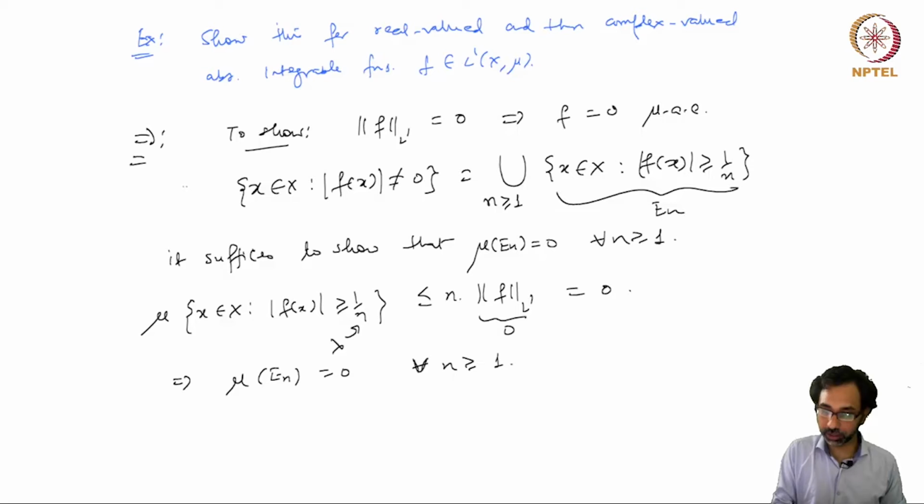And this shows that this exceptional set where the modulus is not equal to 0, let me write this as E0, has measure 0.